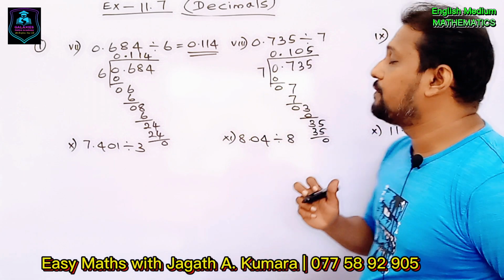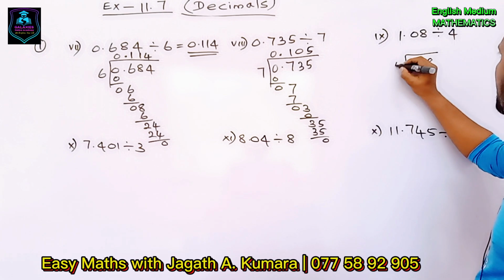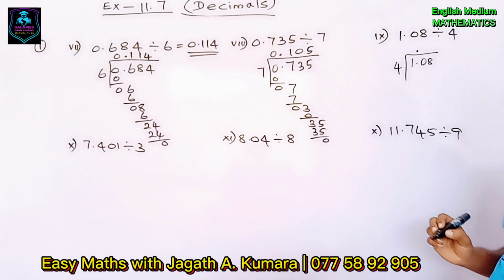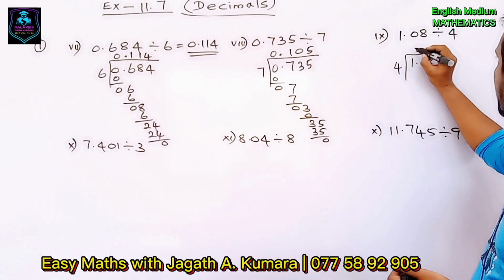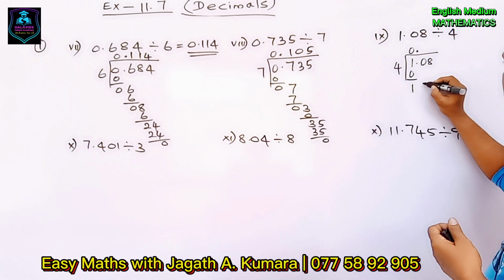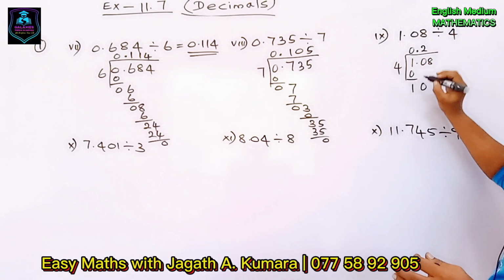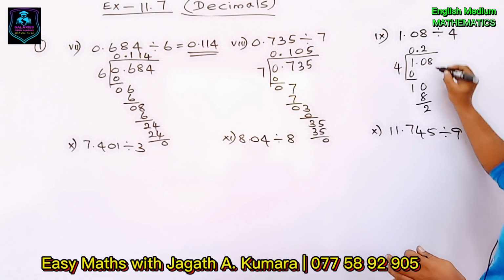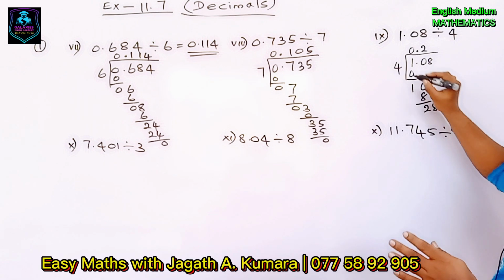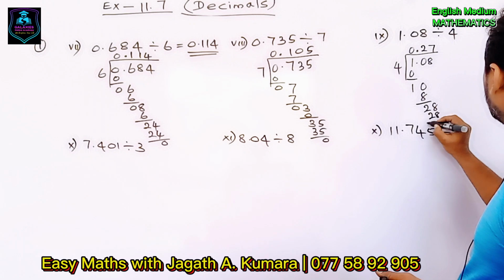Number 9 given 1.08 divide 4. Then keep the decimal point in the correct position. 1 divide 4, 0, 0 times 4, 0, remaining 1, then this 0 you can take here. 10 divide 4, 2, 2 times 4, 8, remaining 2, 8 take here. 28 divide 4, 7, 7 times 4, 28, remaining 0.